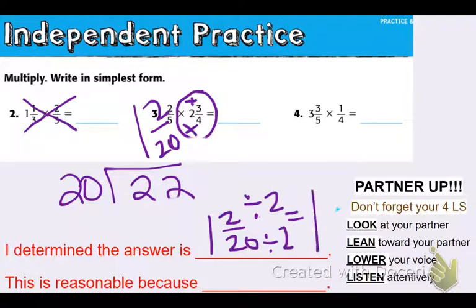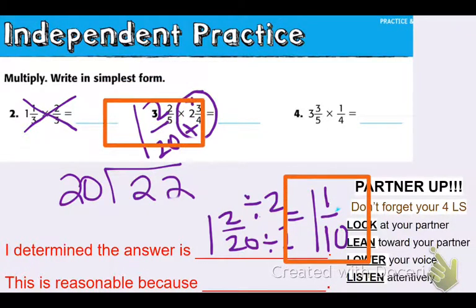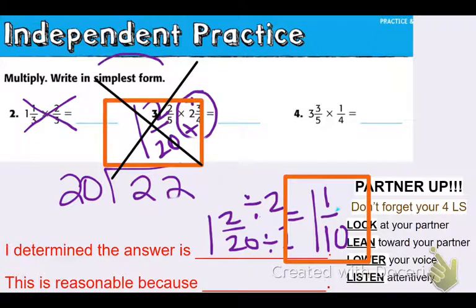So the answer would be 1 1/10. That is a fully simplified answer. I'm sure glad that I checked the reasonableness of this answer, and I realized that I could simplify more. And it tells me I have to put it in the simplest form, and now it's reasonable. I know that I can move on.